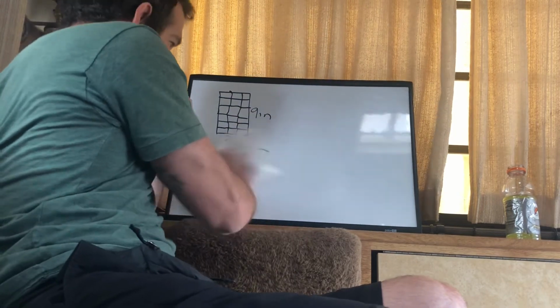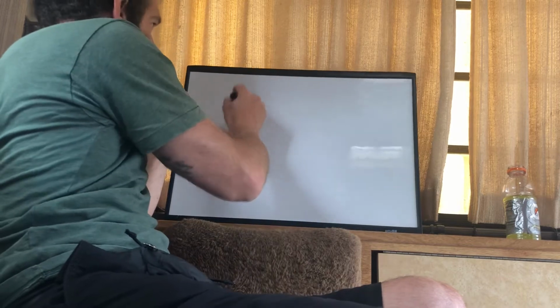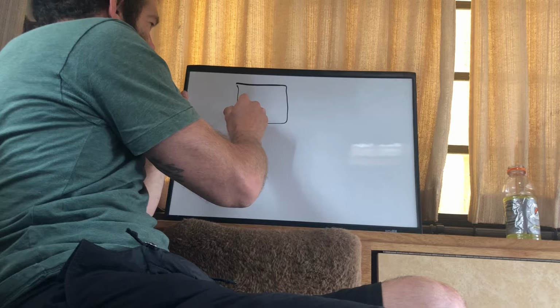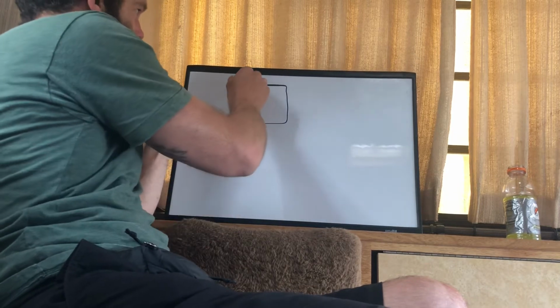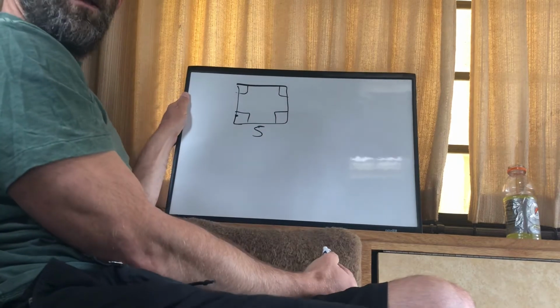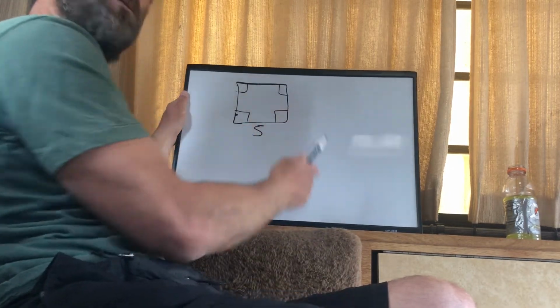Okay, so let's take a square now. Let's say every side is 5 feet, and this is a square. A square has 90-degree angles, and so does a rectangle. But anyways, let's say it's 5, and let's say there's no unit of measure.